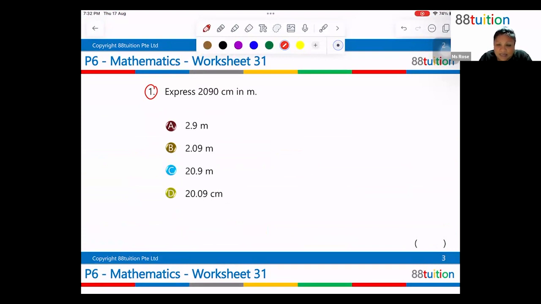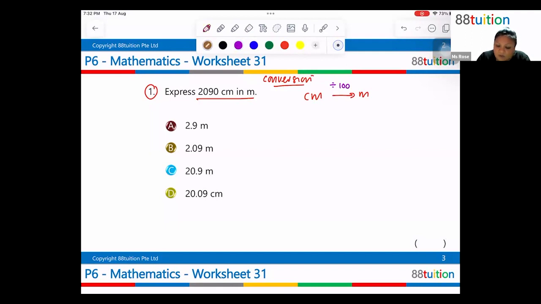Now, basically, in this first question, what we're doing is conversion, that means conversion from cm to meters. Take note, to convert from cm to meters you need to divide by 100.